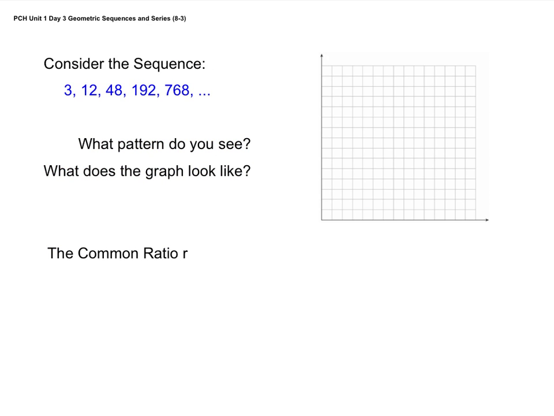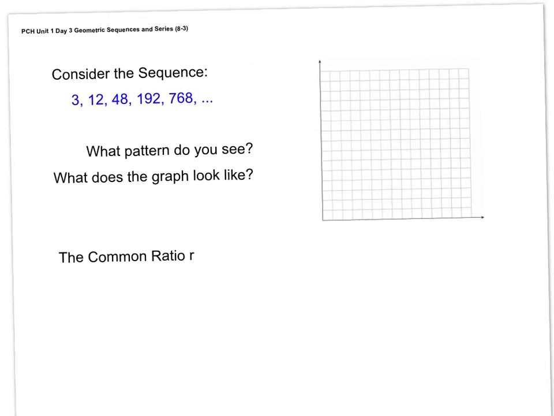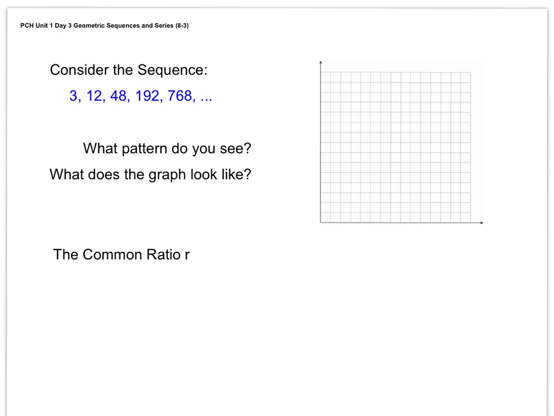If we look at this, I want to do kind of a similar thing to what we did with our arithmetic. Let's say we have this sequence 3, 12, 48, 192, 768. If we were to graph this, we have 1, 3, 2, 12, then 3, 4, and 5.